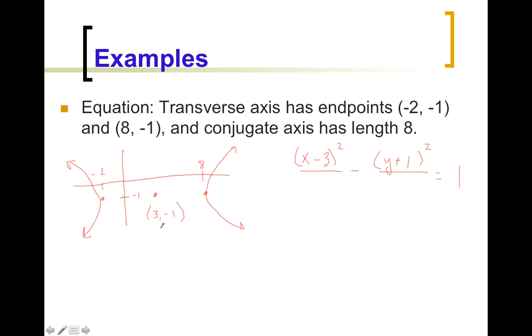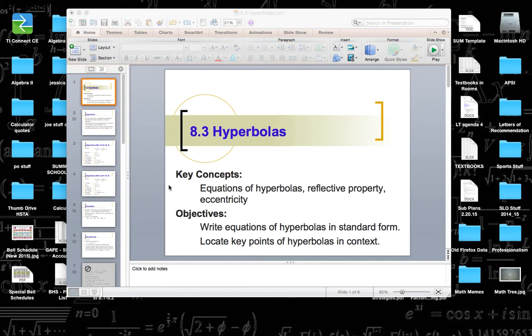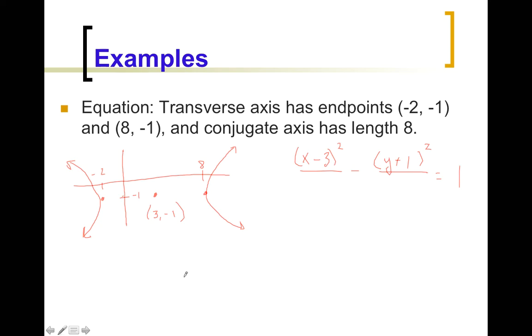And there's actually no calculations to do in this particular case, because the distance from center to vertex is a, and I already know that's 5, so that means this is a 25.